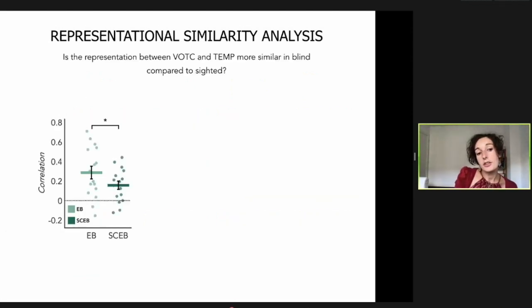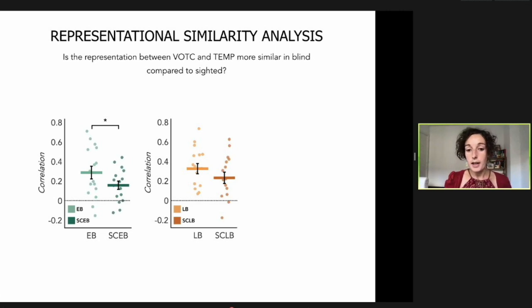And the result indeed show that in the early blind, the similarity of the representation between the VOTC and the temporal regions is significantly increased compared to the sighted. In the late blind, we have a similar profile, but this difference is not significant.